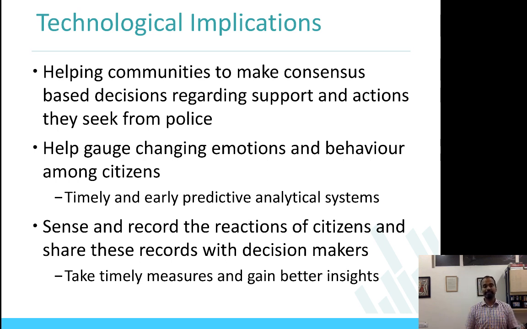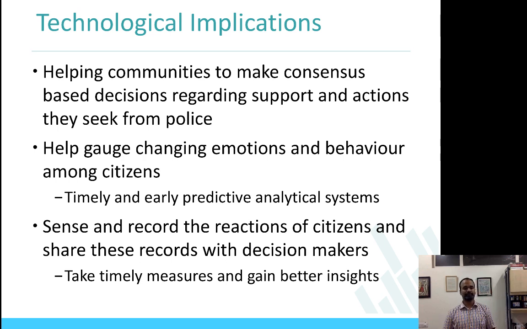It can also help sense and record the reactions of citizens and share these records with decision makers. Some organizations can do this publicly, saying these are the number of votes we got this month, this week, and this is what we did. It can act as an early warning system, and this data can be used for predictive analysis.